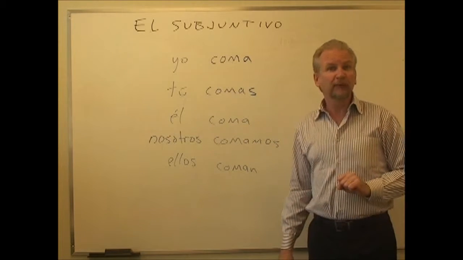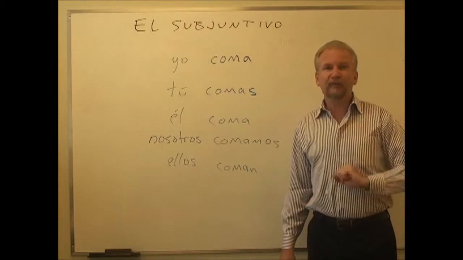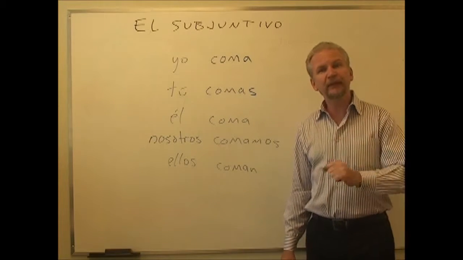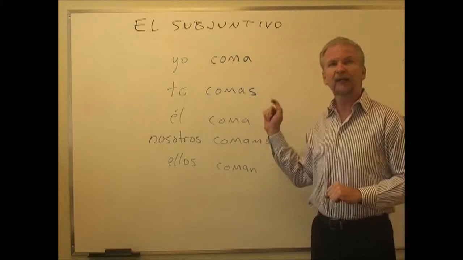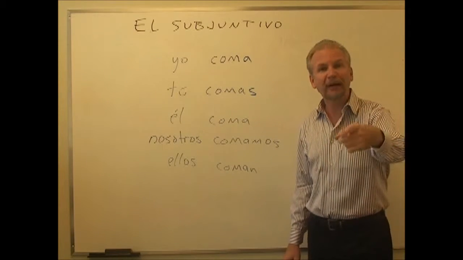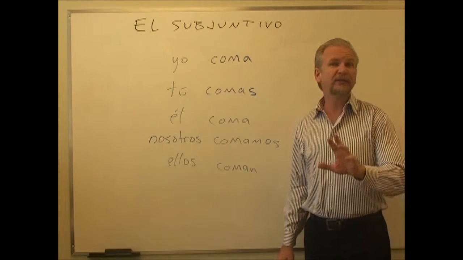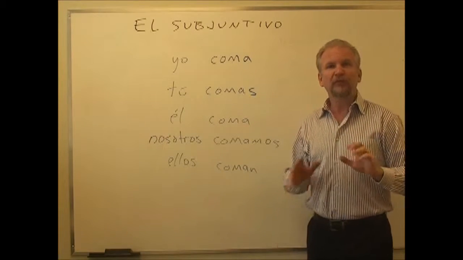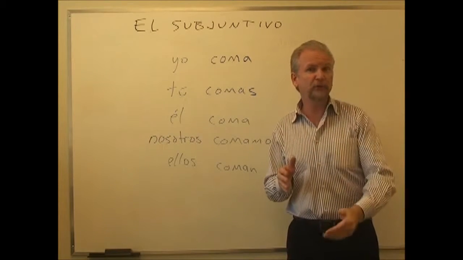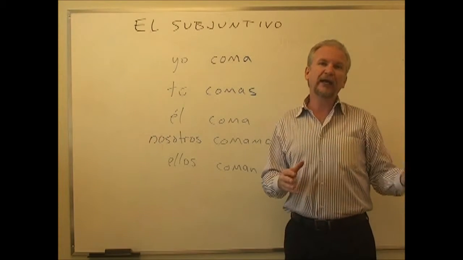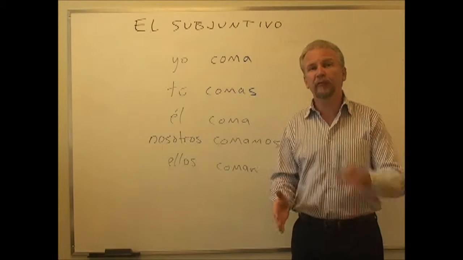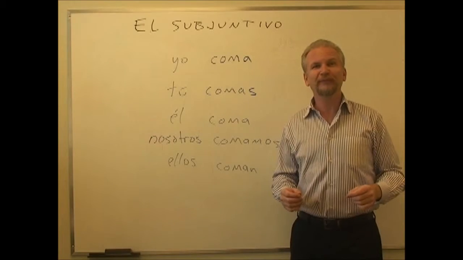Now, as you can probably guess, the IR verbs are conjugated the same way. So if we were going to use escribir, would be yo escriba, tú escribas, él escriba, nosotros escribamos, ellos escriban. So with the AR verbs, we change the A to an E in all the forms, including yo. The E and IR verbs, we take the E away and we change it to an A in all the forms, including the yo as well.